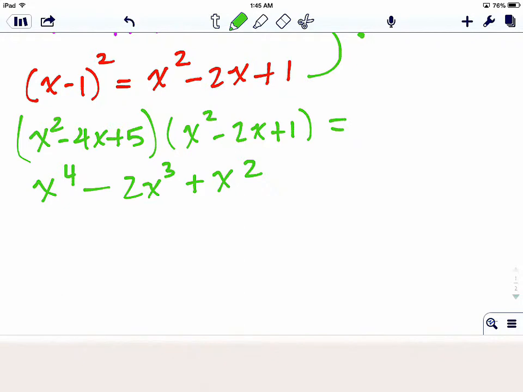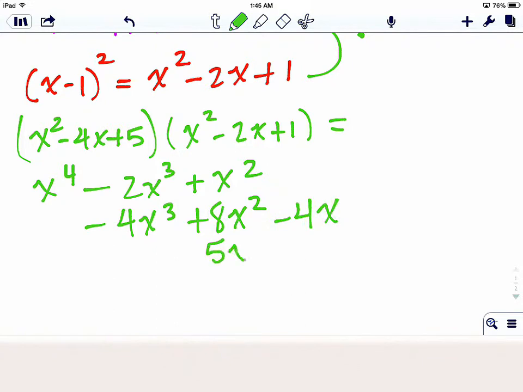Now I'll distribute the negative 4x across. We'll have negative 4x cubed, and then we will have positive 8x squared, and then we will have negative 4x. Now we distribute the 5 across.